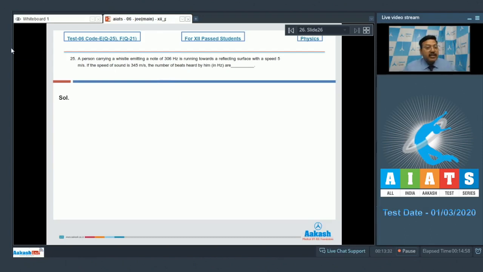And let's look at the Doppler effect, how the frequency is modified. First of all, the frequency received by the reflecting surface is given by F1, and that is the frequency emitted by the source, F0, times the speed of sound, 345, divided by 345 minus the velocity of the source, which is given as 5 meter per second.